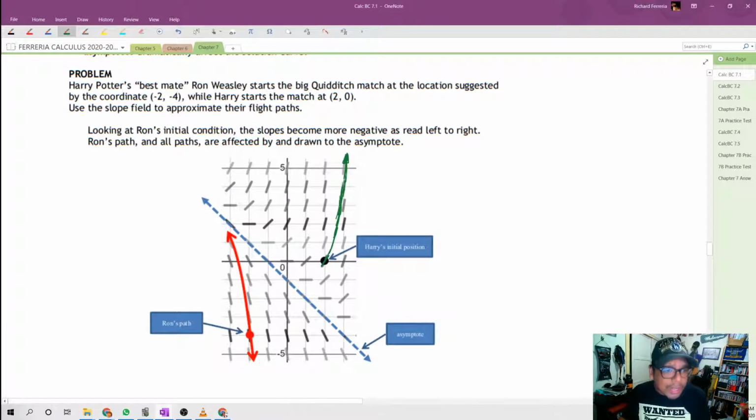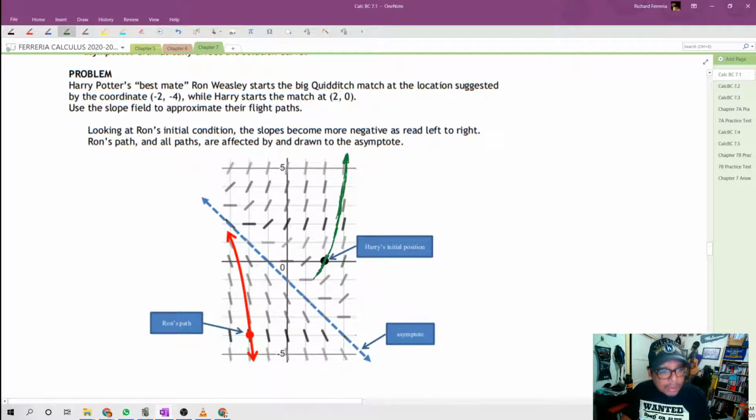And you'll notice that as we cross over here, where the x-coordinate is 3, we've got to maintain a slope similar to what the slope is over here. So any less steep than that, and then I'm going against the slope field. Now, as we go from left to right, we're going to get less negative. So less and less negative. Notice where I am. I am at x equals positive 1.5.